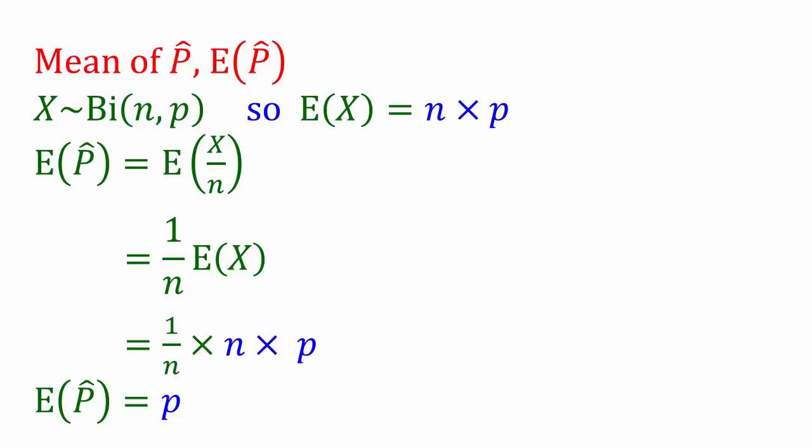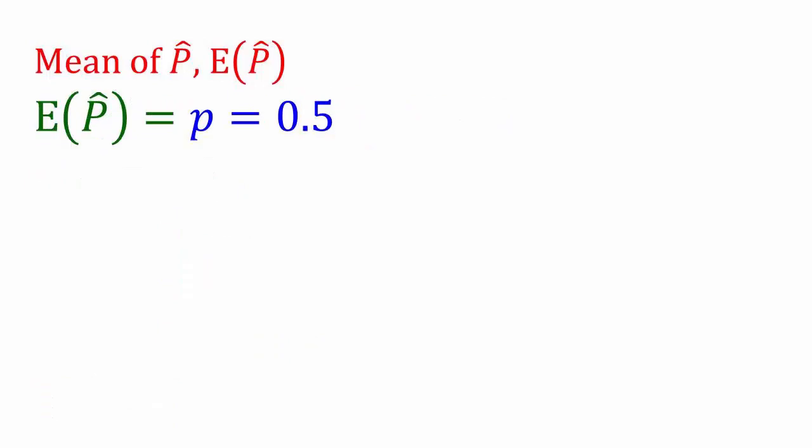Replacing n times p for the expected value of x, the n's cancel, and we get the result that we observed from the simulation, that the expected value or the mean value of the distribution of sample proportions is p, the true population proportion, which is why sampling is valid. So the mean is simply going to be 0.5.